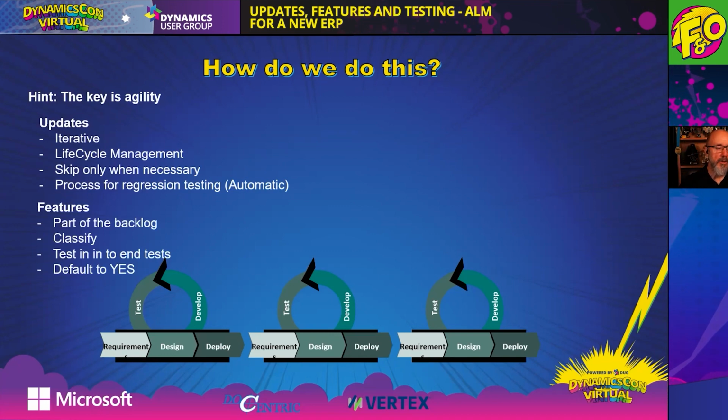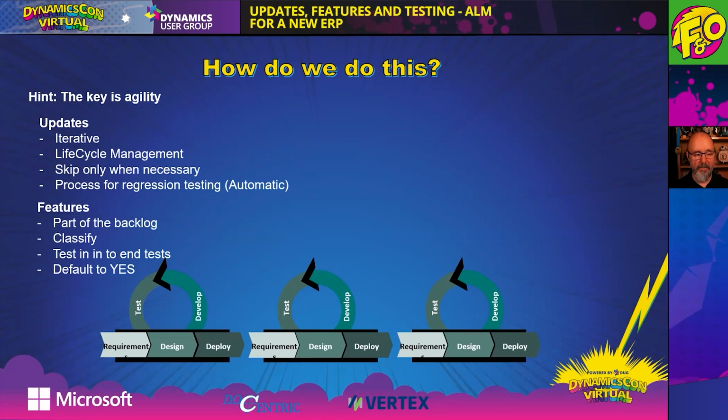Also, when it comes to features, as I said before, put them into the backlog in DevOps. That's the easiest part. That's where you keep track of them. Assign them to an application specialist so they can actually value the amount of work of putting it in, or the amount of things that it breaks, or the amount of training that it requires. And also try to have the default answer as yes.